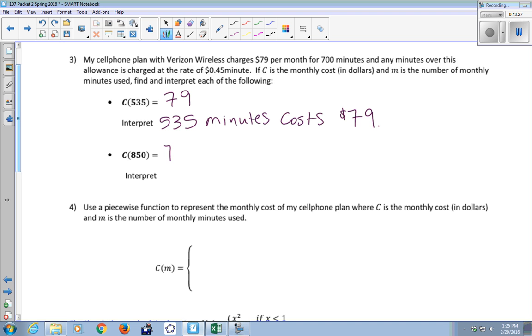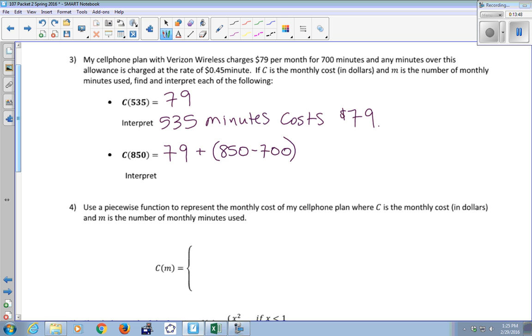Yeah, so you have to pay your base $79. And then we went 150 minutes over our allotted 700. So we have to subtract, right? 850 minus 700. I know I'm writing this out in excruciating detail, but you'll see why when we get to the next part.